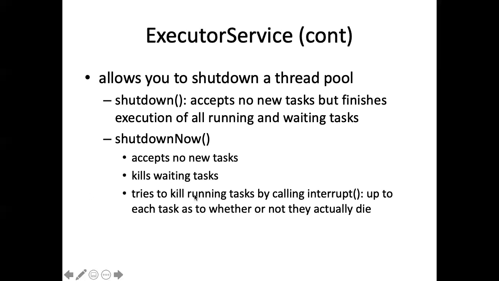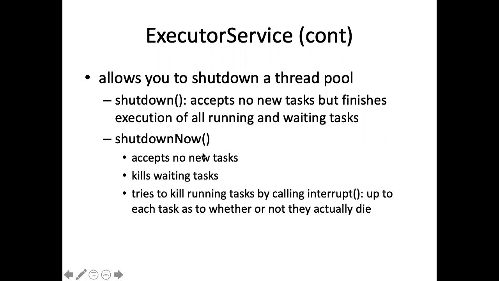It kills those tasks too. Plus, it tries to chase out anyone who's in the store. So it will try to kill any running task by calling interrupt. But you can be a stubborn thread and not die. So shutdown now can't force you out of the store. If you want, you can, quote, finish your shopping, check out, and only then do you get killed.